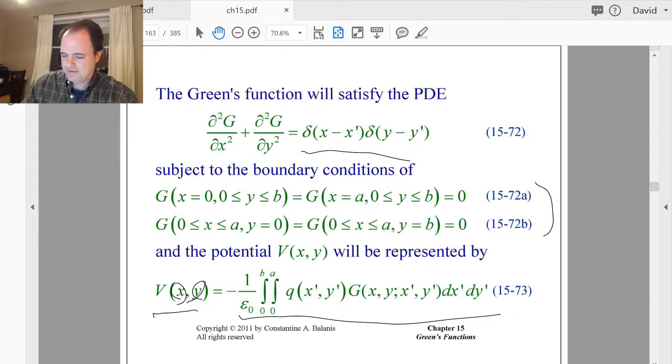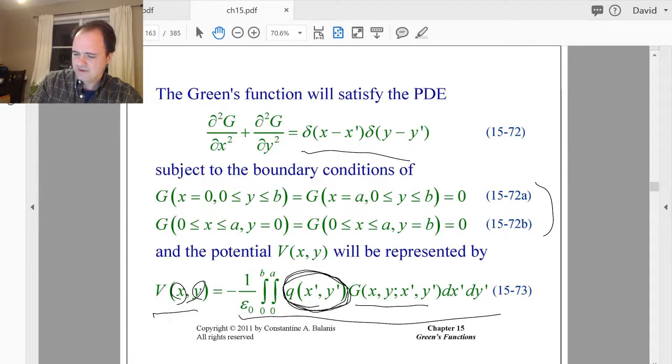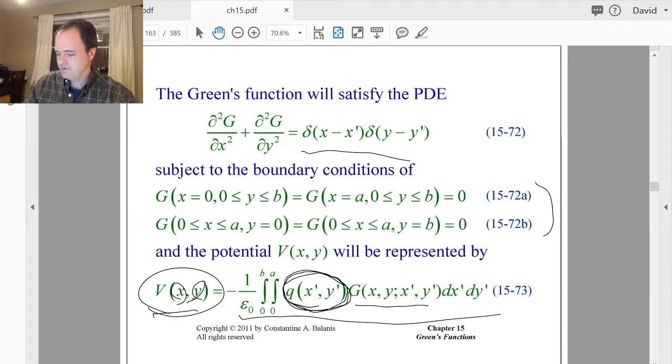We've seen that in the prior lecture. We'll always have this type of thing. That's what the Green's function is all about. So once you derive the Green's function, that remains unchanged, and you can put in any charge distribution you want in here and get the resulting potential. That's the power of Green's functions.